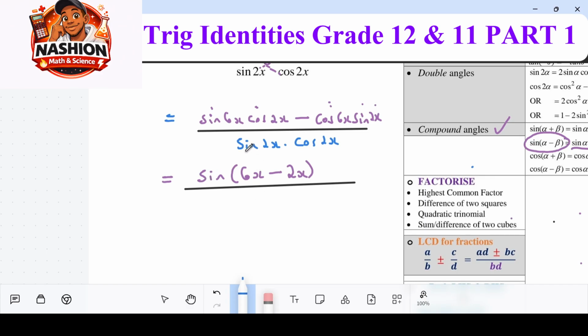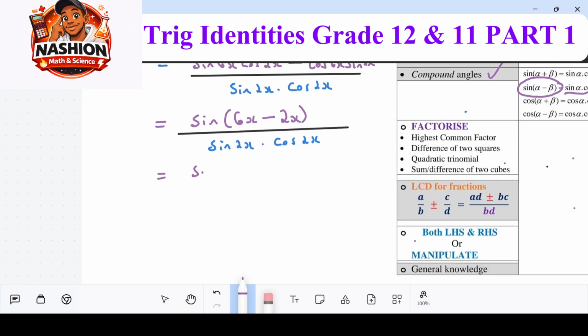It's only after dealing with the brackets we're going to know how to deal with the denominator. So let's repeat the denominator the way it is. Now, next we have sine, in brackets here, 6x minus 2x. We use our general knowledge right here, where we subtract the like terms. So 6x minus 2x will give us 4x. Over, let's repeat the denominator again, then we'll see what to do next.